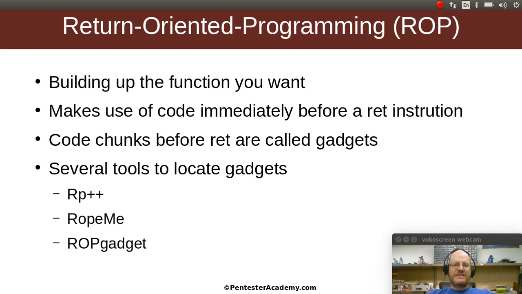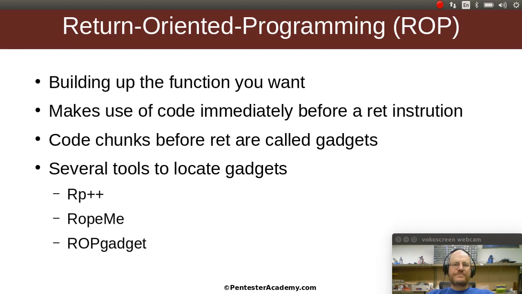So the idea is pretty simple. You build up the function you want. We've shown you how you can put new entries into a GOT, and we've also shown you how you can calculate desired offsets into a function.